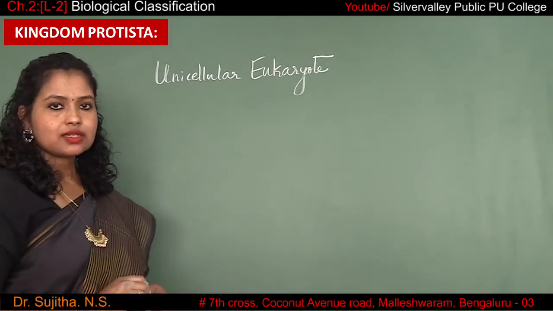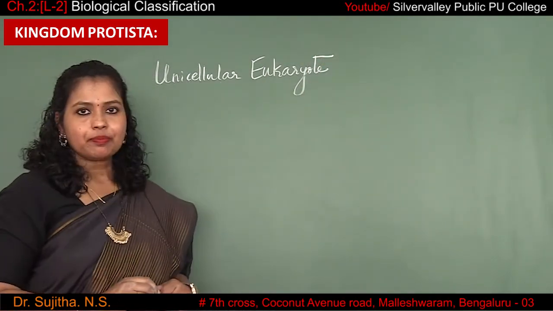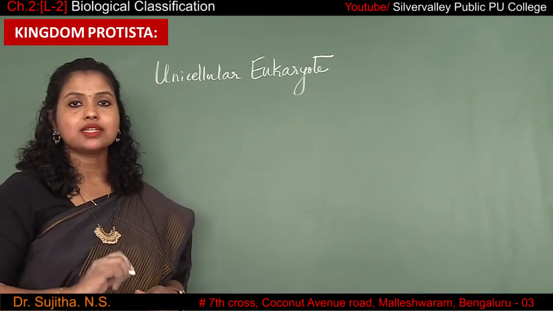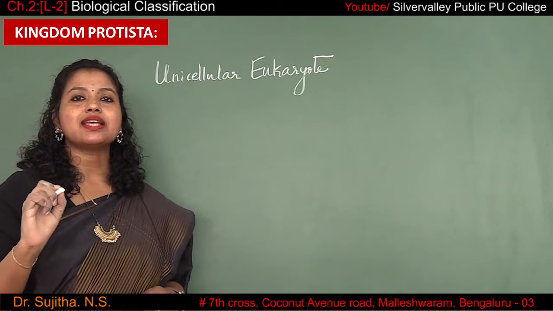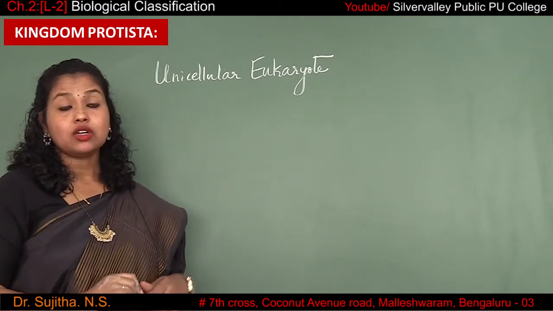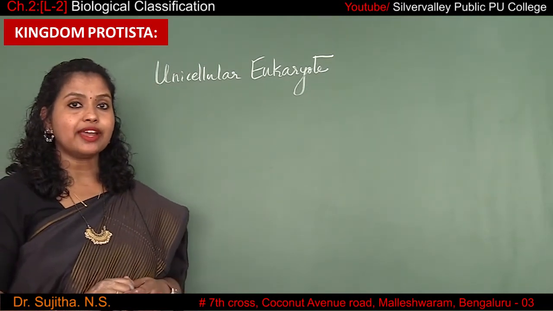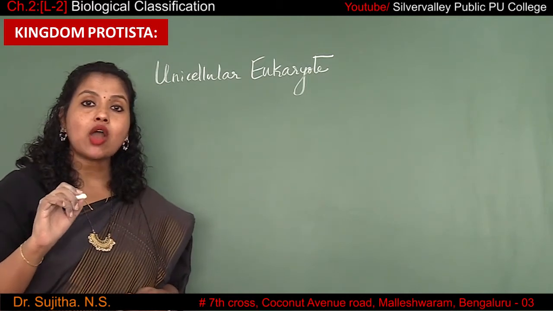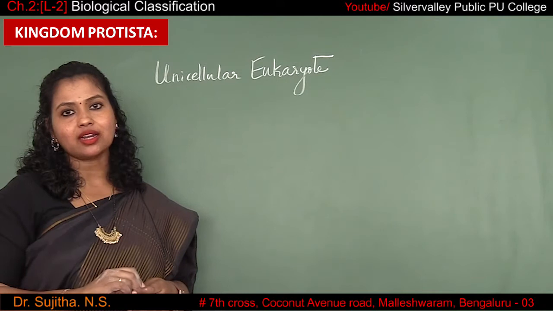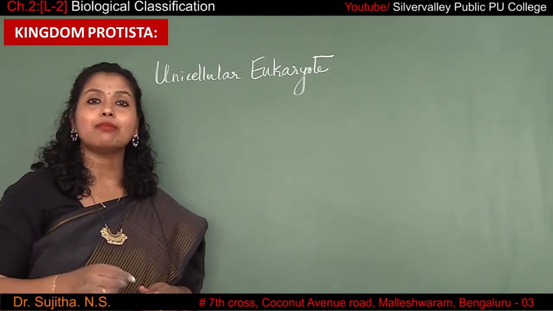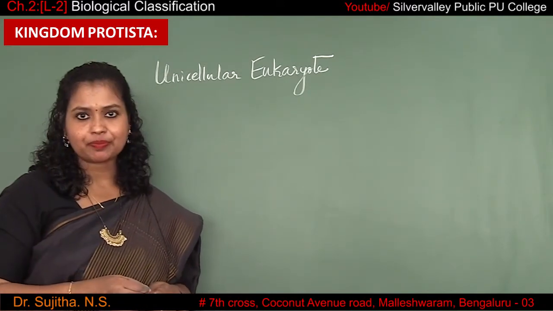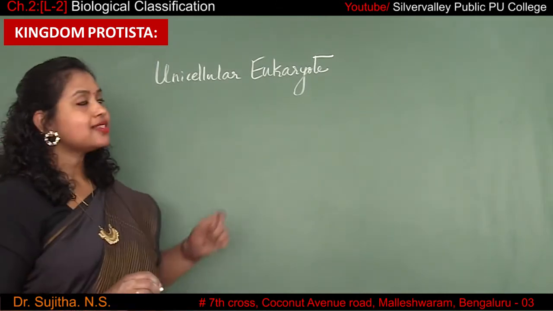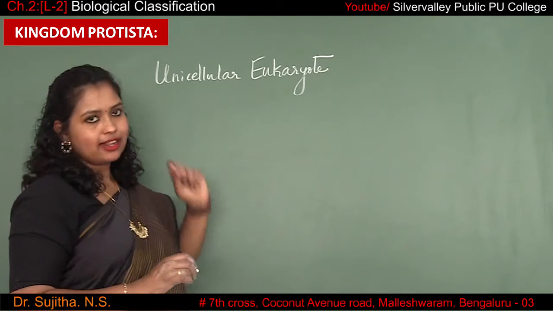What does it mean? It means it is a single cell living organism only, but all the cell organelles are present in this. Earlier when we studied the prokaryote, I mentioned that it is unicellular in nature, but it does not have any cell organelles like the nucleus, nuclear membrane, endoplasmic reticulum. But in case of Protista, it is called a unicellular eukaryote.